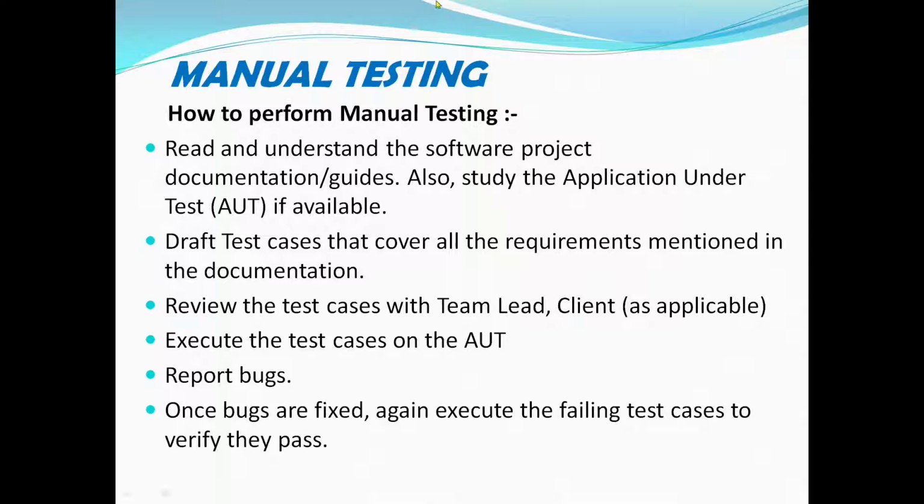Once we find the bugs, we report them to the developer. They will help us close the bugs, and once the bugs are fixed, we again execute the failing test cases to verify they pass. So what you guys have to understand is that the QA team is the one that is responsible for the software to be perfect, right?